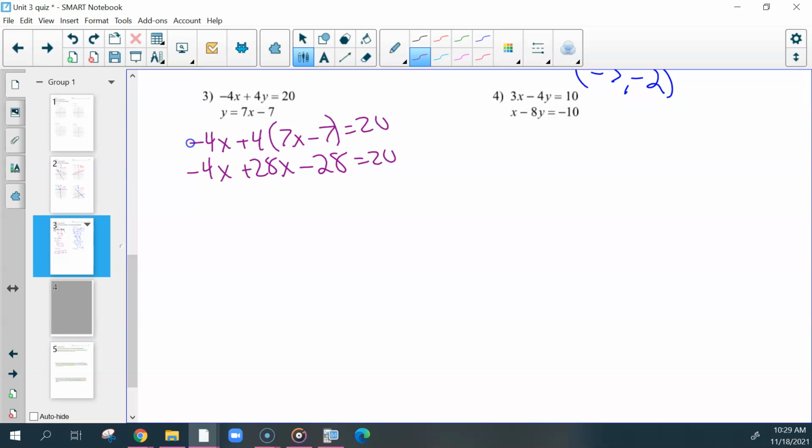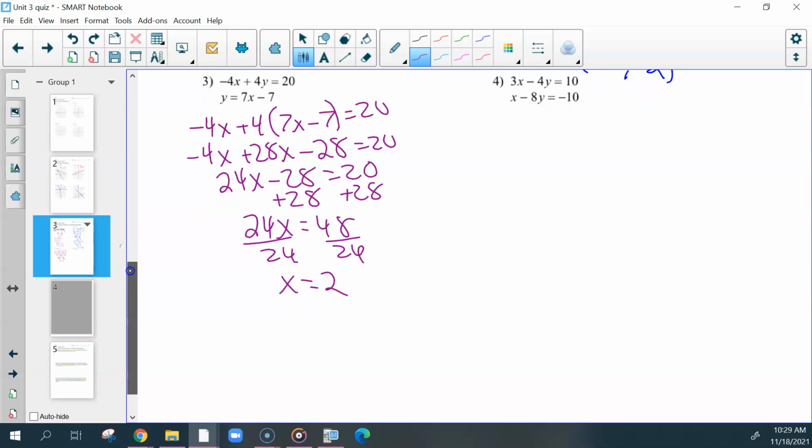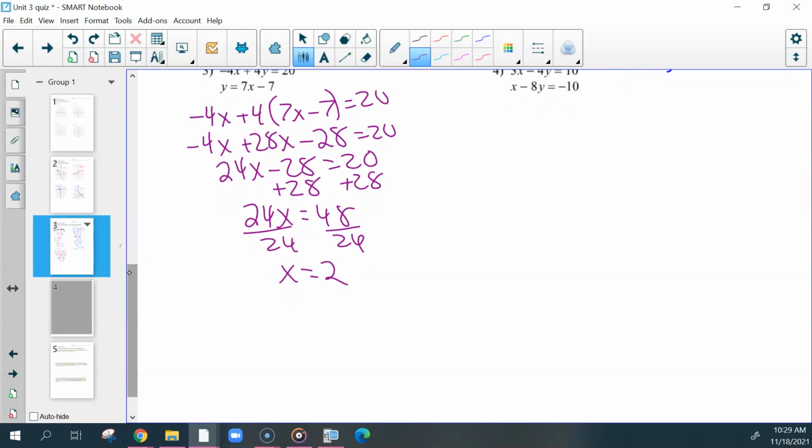So in this case, we can solve for x, combine our like terms, and continue solving for x. After you find your x, you can go back, find y.